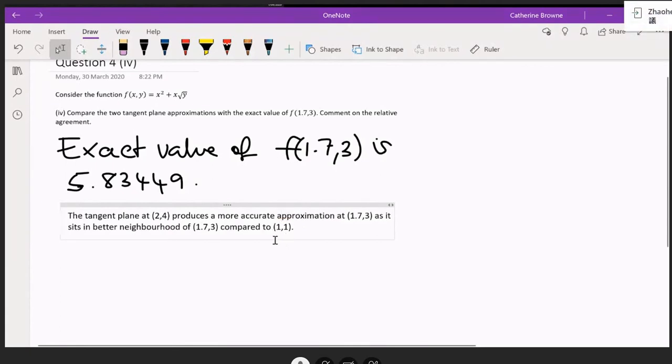It's in a better neighborhood than the other one, and we just get a better approximation.